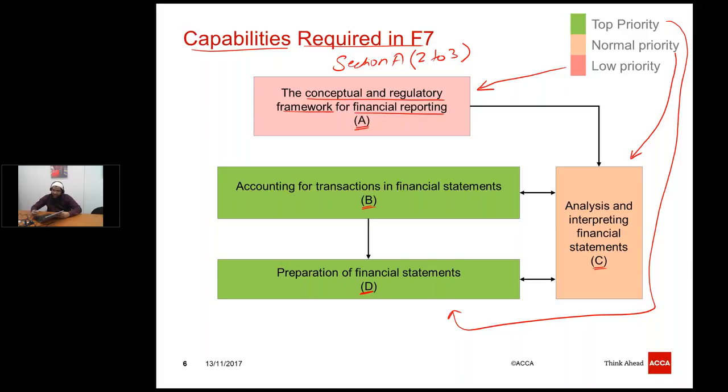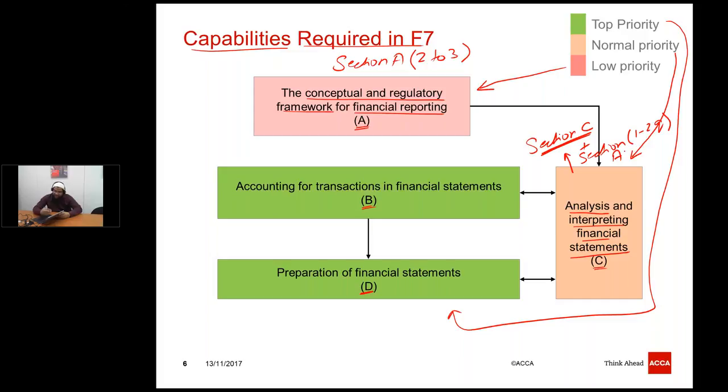Apart from this, section C relates to analysis and interpretation of financial statements. This is comparatively a more important area. This question is normally asked in section C only, plus in section A, you can expect 1 to 2 questions.